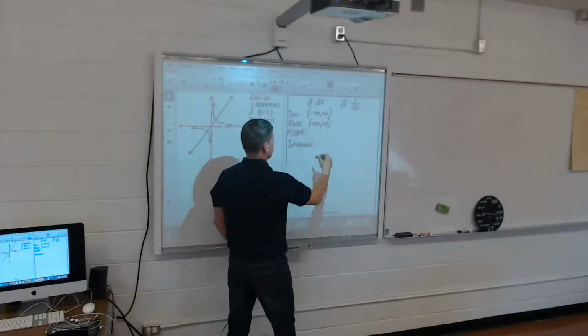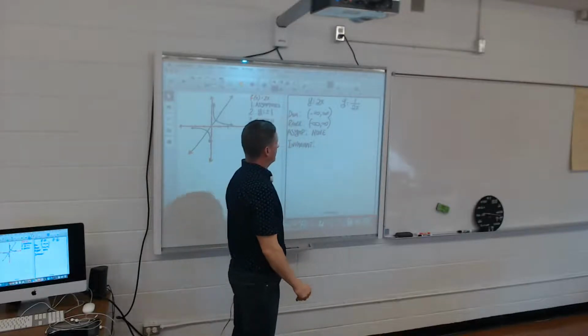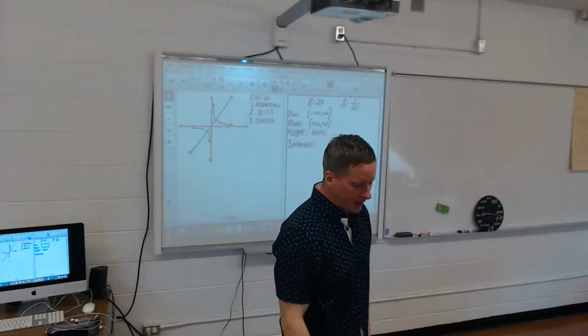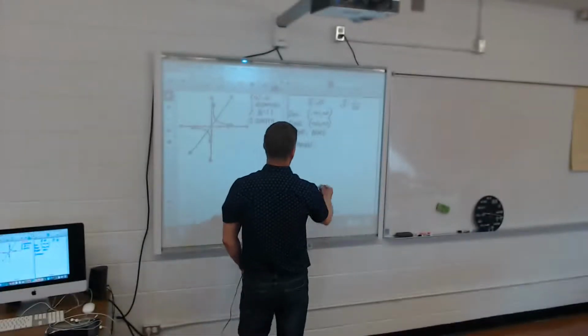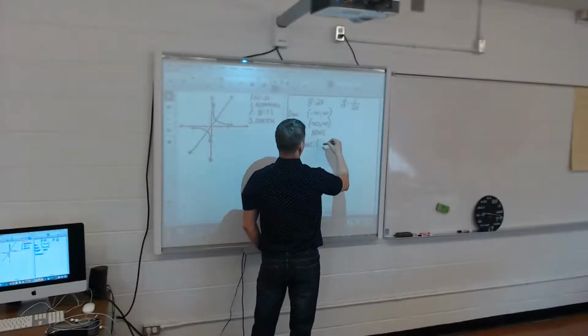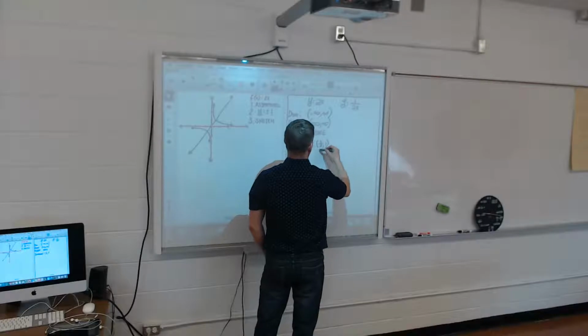Asymptotes, none exist, so I put none. And then the invariant points. I believe they list these off. So for this graph, my invariant points would be 1/2 and 1, and negative 1/2 and 1.